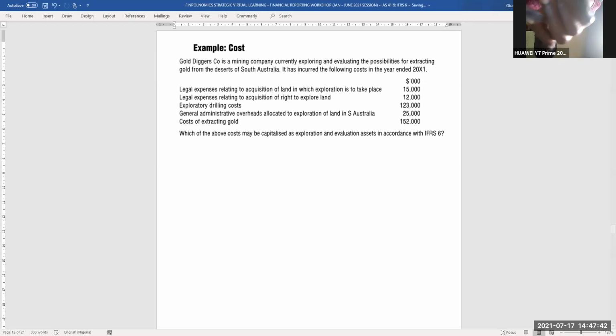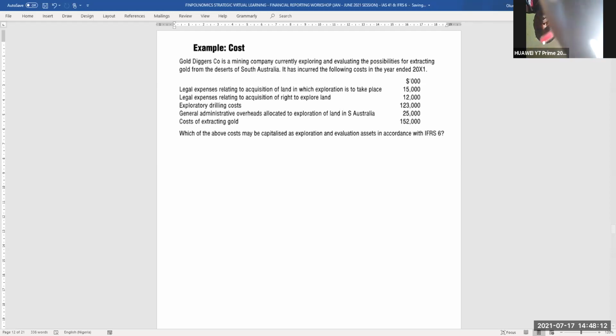Exploration drilling costs, $123,000. General administrative overhead allocated to exploration of land in South Australia, $25,000. Costs of extracting gold, $152,000. Which of the above costs may be capitalized as exploration and evaluation assets in accordance with IFRS 6?